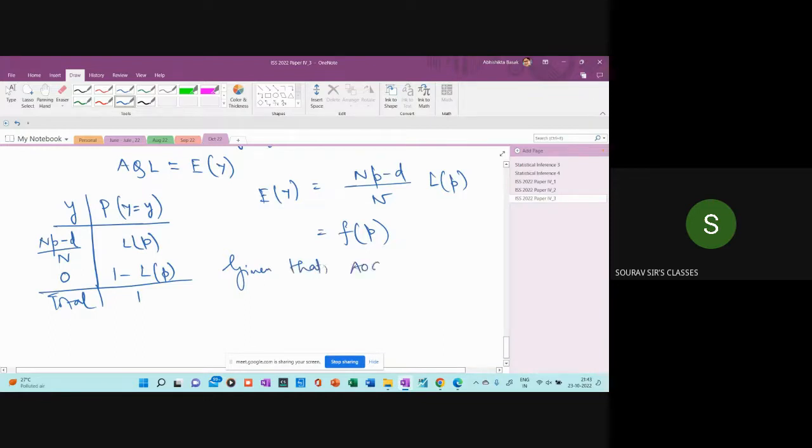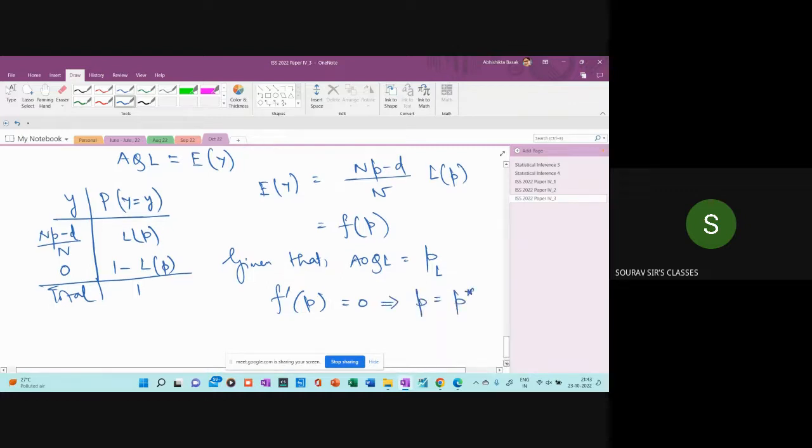Given that AOQL, the outgoing quality limit, is some P L, let us find this. If I take the derivative of this function and equate it with 0, suppose we get P as P star.